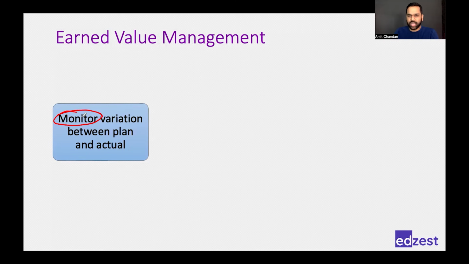And while we are monitoring that, we will check for the variation between plan and actual. So whenever we check, let's say, for example, today is 7th July. Okay. So on 7th July, if I'm checking the progress of a project, then what will I do? I will see my plan. What was my plan? What was I supposed to achieve till now? What all work should I have done?